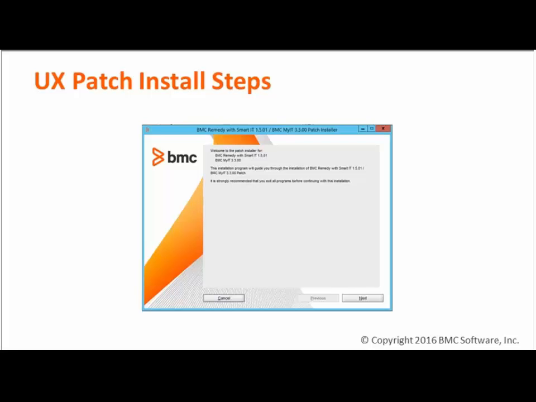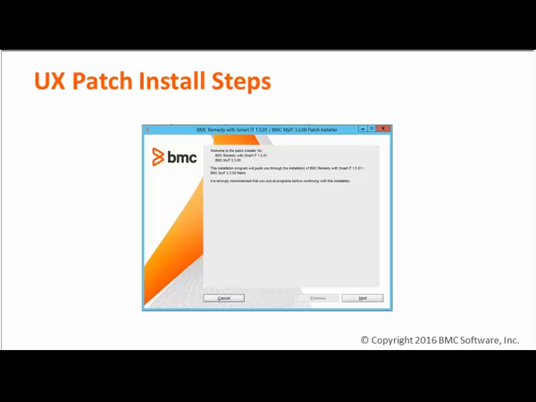So we'll start with the UX Patch installer. If you have seen other BMC installers like the Remedy or ITSM app installer, the screens are similar. The first screen is a welcome screen where it will tell you the installer is going to install SmartIT and MyIT.